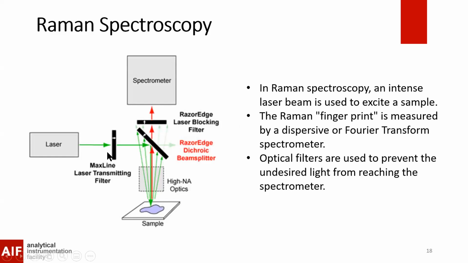This slide shows a very simplified schematic drawing of a Raman spectroscope. An intense laser beam is used to excite a sample, and then the Raman fingerprint is measured by a dispersive spectrometer. And this razor edge laser blocking filter is used to block the excitation laser light from reaching the spectrometer.